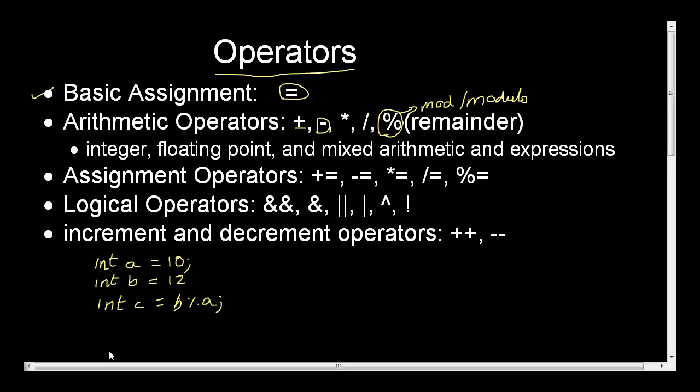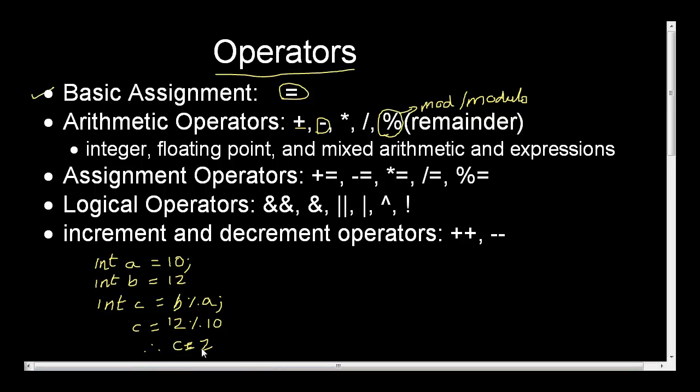What do you guys think the answer is going to be? In this case, b is 12, a is 10. This is what the statement says: c should be equal to 12 mod 10. So as you know, if we divide 12 by 10, the remainder is 2. Therefore, here c is going to equal 2.